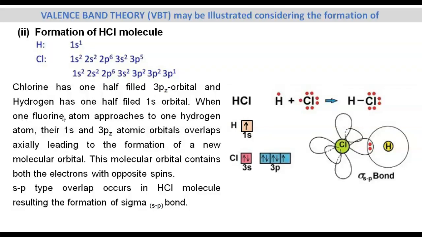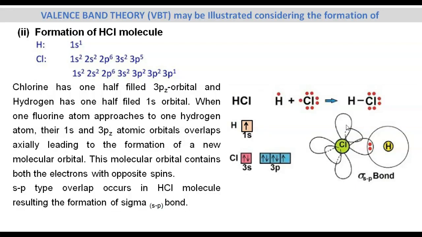When a chlorine atom approaches a hydrogen atom, the overlap of the 1s orbital of hydrogen and the 3pz orbital of chlorine is an s-p overlap, and the resulting bond is a sigma s-p bond.